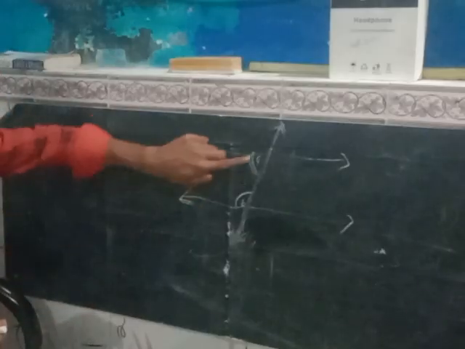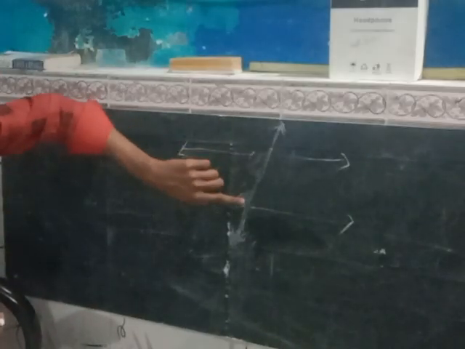Second point is co-exterior angle. So if I take this drawing, co-exterior angle means a pair of angles found on the same side of a transversal line cutting across two parallel lines, positioned outside the region between the parallel lines.